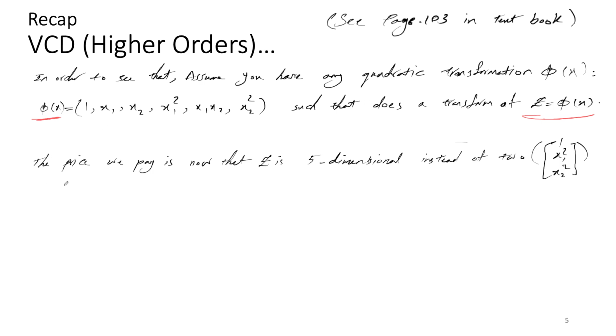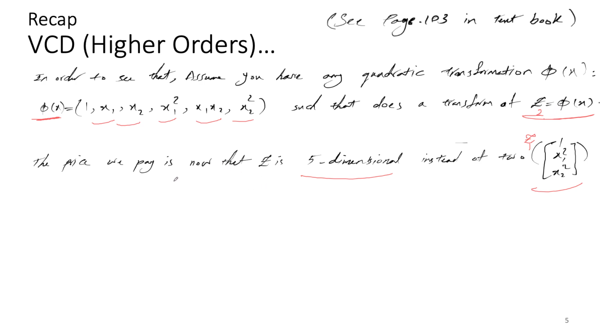So now the price we pay by this transformation is that it generates a 5-dimensional space instead of 2-dimensional, because this is a first order. You can generate, I would call it Z1, and this is Z2, the second order, just per se.